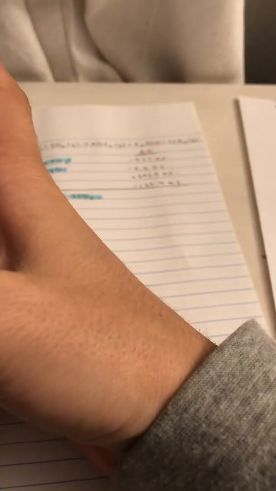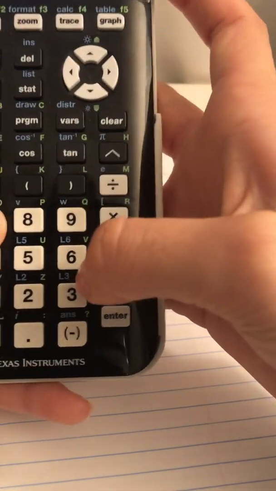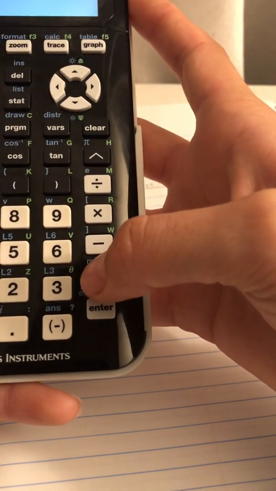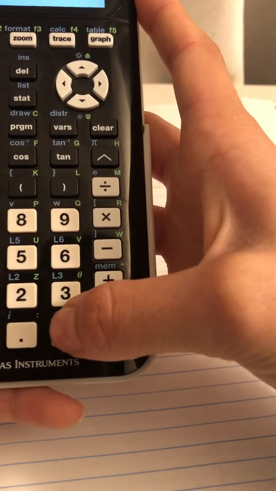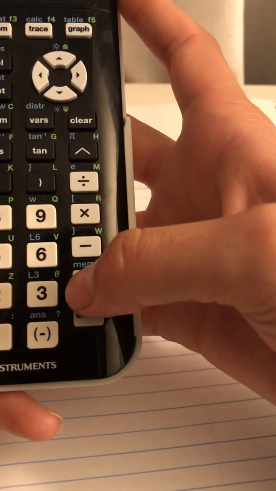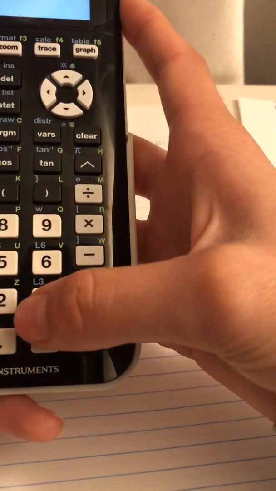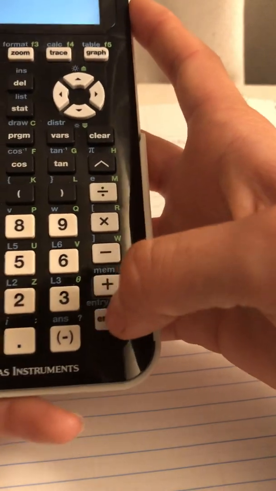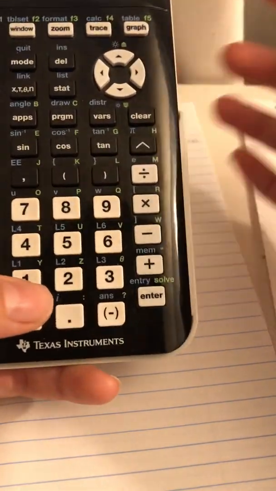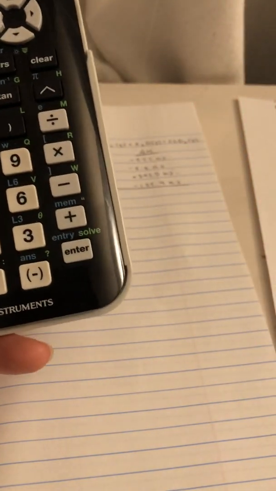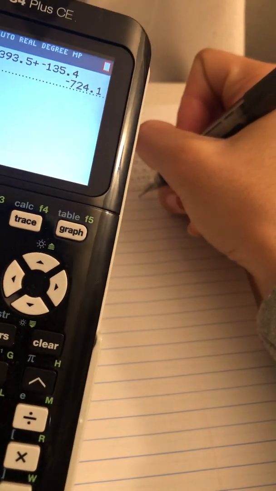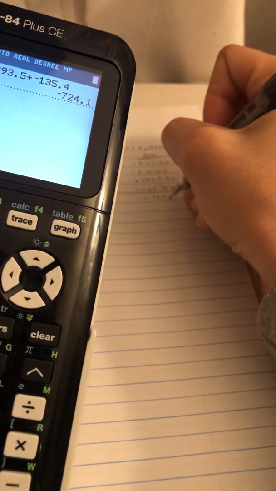Alright, so it was negative 977 plus a negative 5.2 plus 393.5 plus negative 135.4 equals, perfect, and I got negative 724.1.